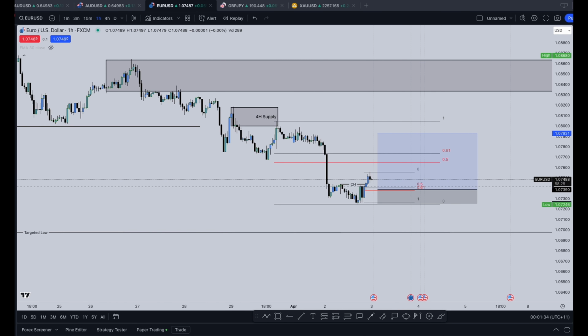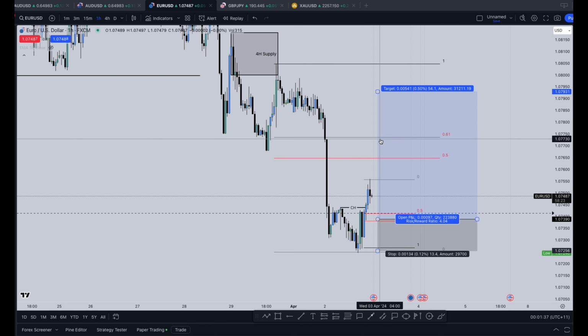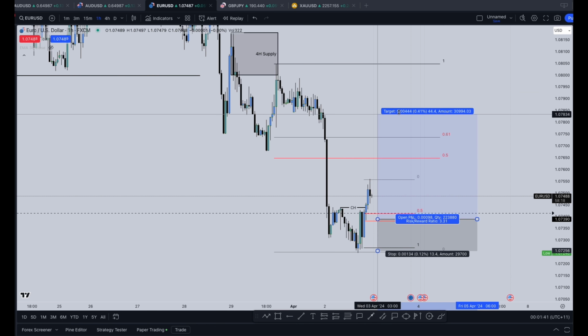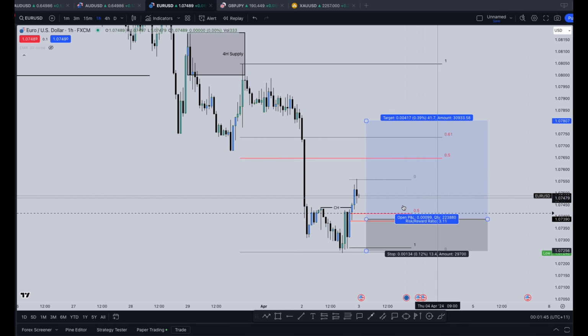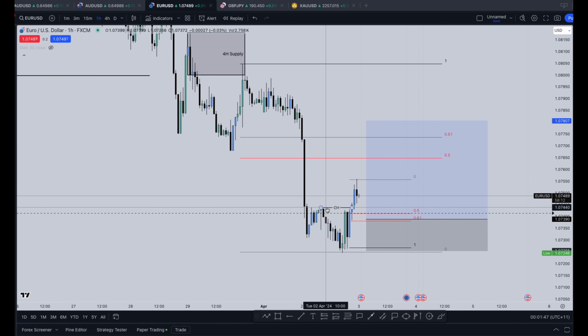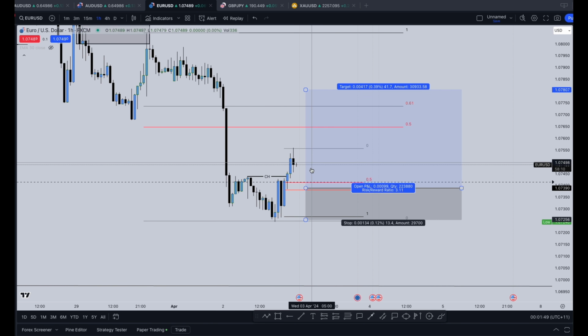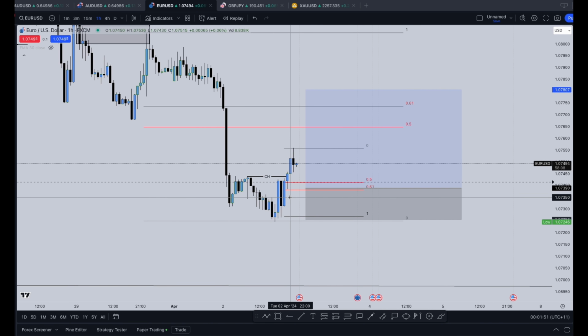Just for the lookout, same kind of setup. I also use it for targets, right? We're somewhere in this zone, ideally it's in here, but I don't have my RR here. Maybe we can go for a 1, 2, 3. What am I looking for? We have this move up. We have a change of character, right? This is the zone that created this change of character. Now, directly, what am I looking for? This is my zone, right?